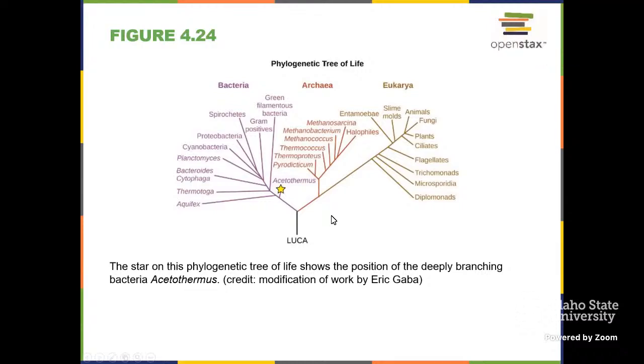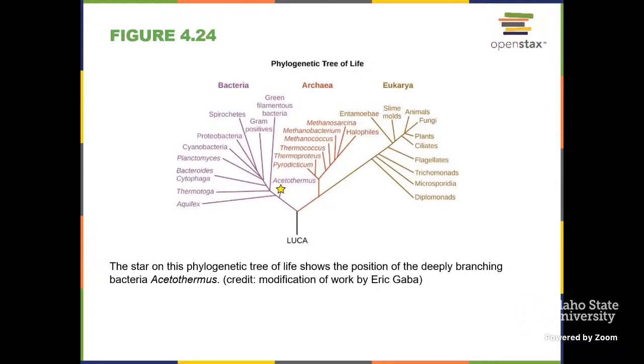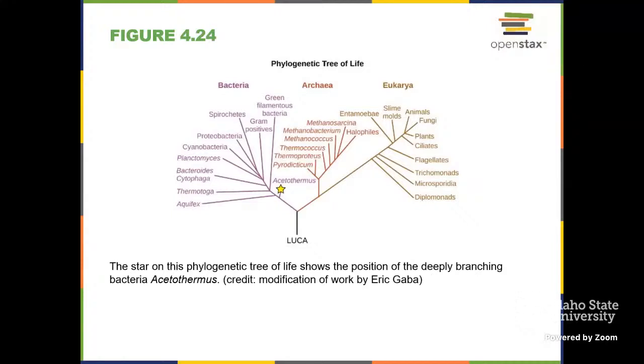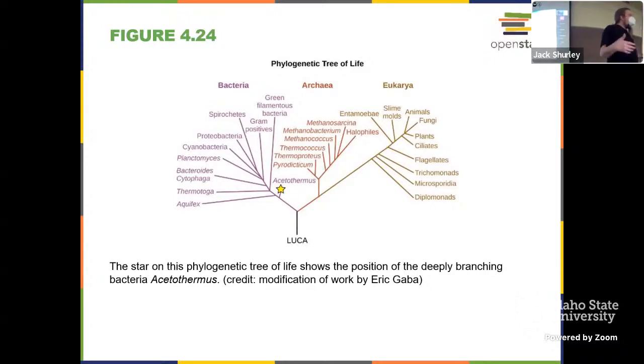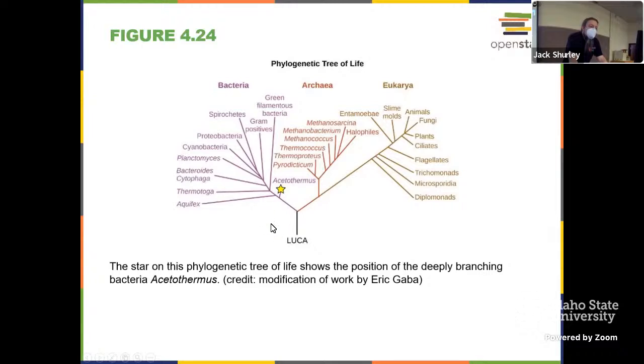With this phylogenetic tree, we can see all sorts of names, genera, out at the tips of these branches. And we can get some ideas of where we're at on this tree, as far as gauging evolutionary time frame, if you will. This one right here that we've put the little star on is a very ancient type of microbe.